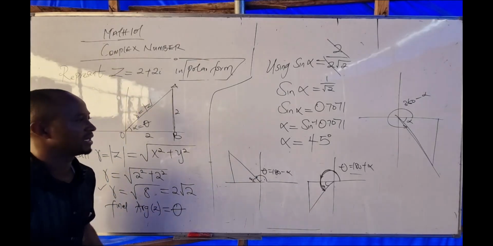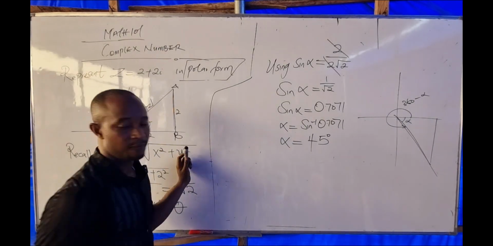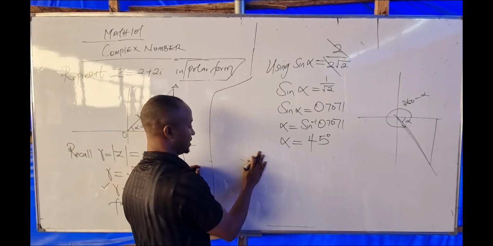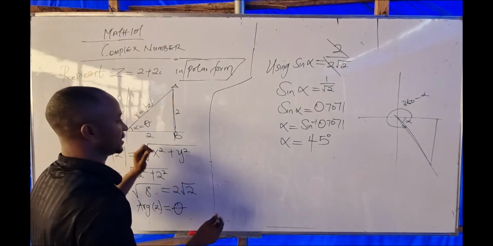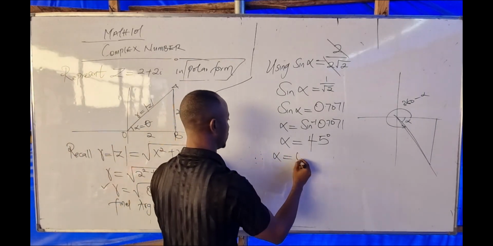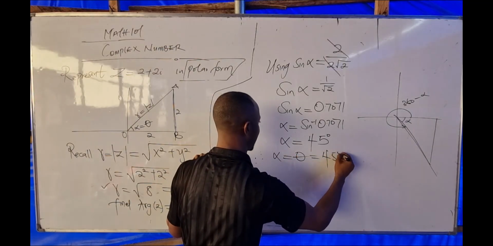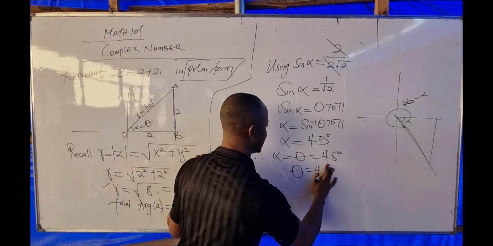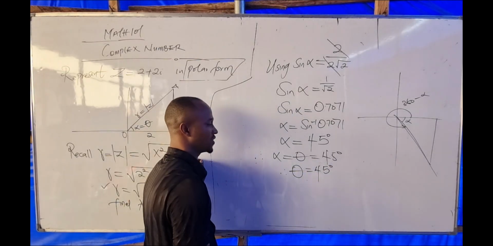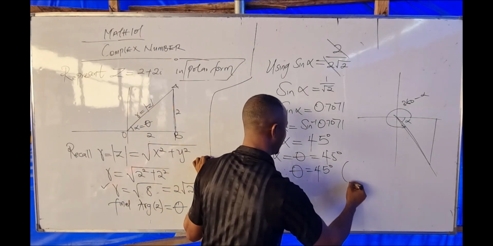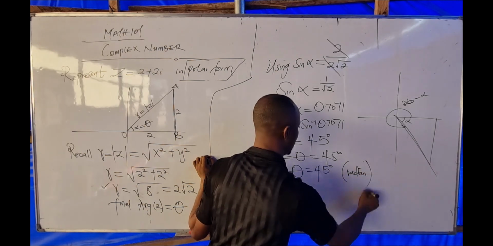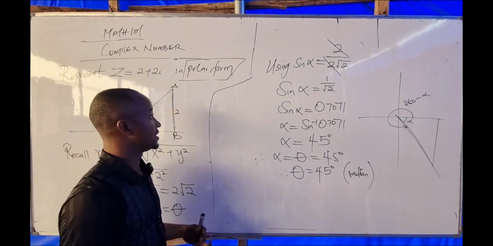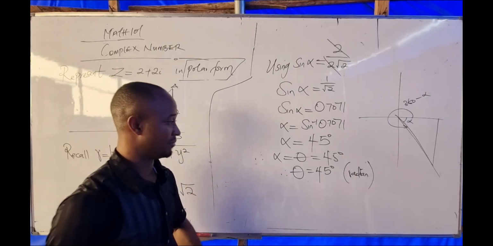Alright, now let's proceed. Since z falls in the first quadrant, alpha equals theta equals 45 degrees. Therefore, our theta is 45 degrees. Now the next is that your theta angle must be in radians, unless otherwise stated in your exam. If you are solving any exam question that has to do with polar form, your angle theta must be in radians.